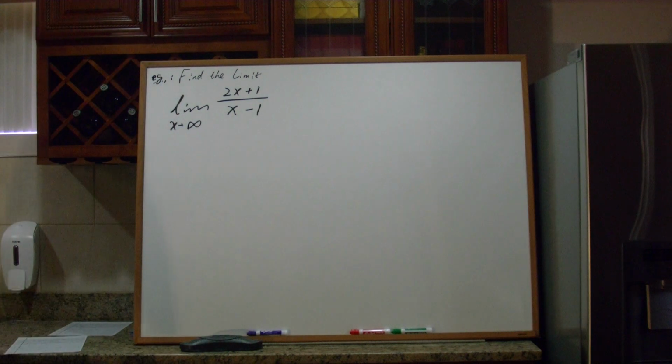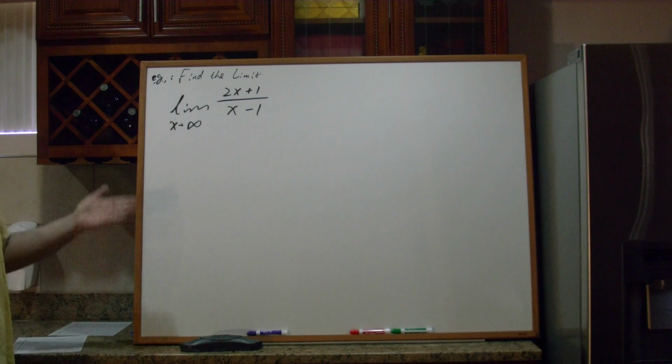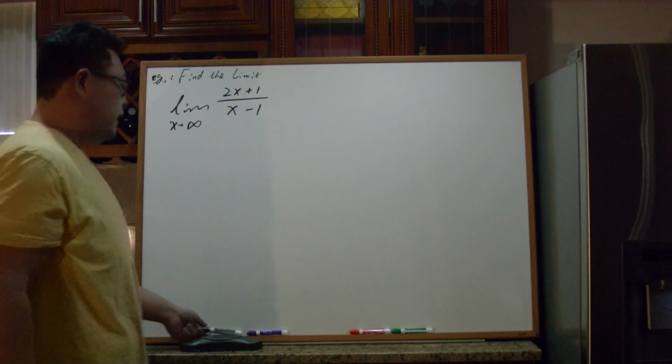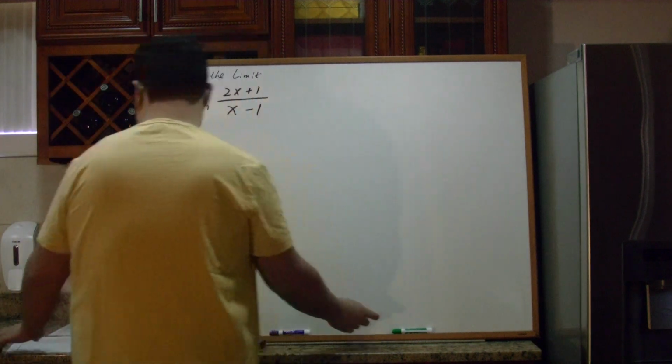As for this question, we have the rational expression. If we evaluate, we know that as x approaches infinity it has to be 2, right? But when we evaluate using the term of infinity, what can we do with this type of question?